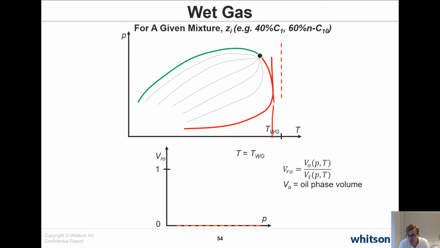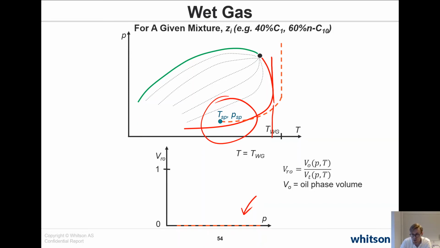And once we always have a reservoir gas phase, the VRO, so call it the oil saturation or the relative oil volume, will be 0 all the time. So that's what we see here. So kind of boring. What's important, as we talked about earlier, is also that for it to be defined as a wet gas, the surface process right here has to be in the two-phase region.